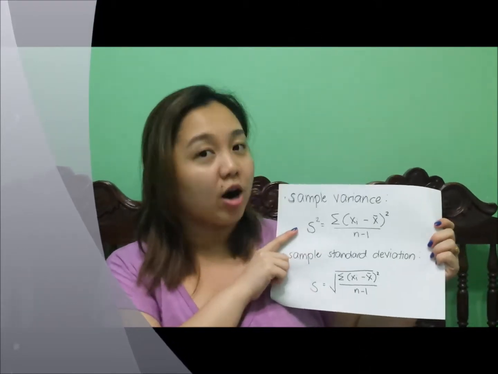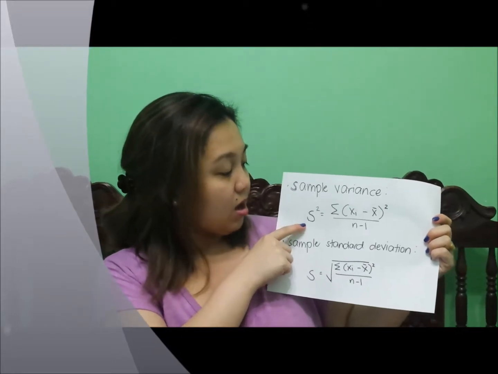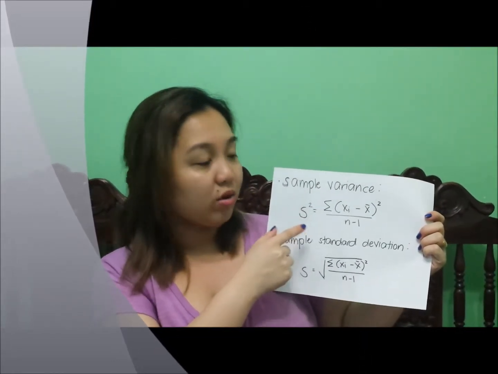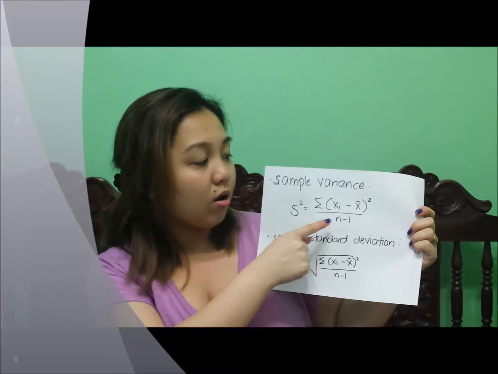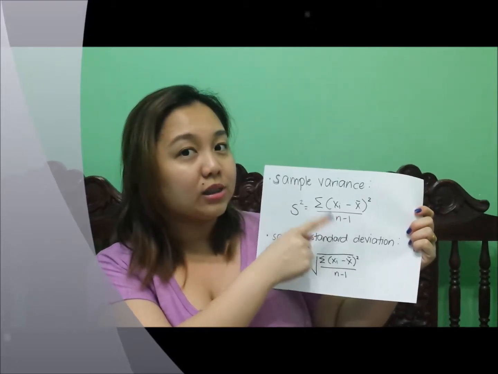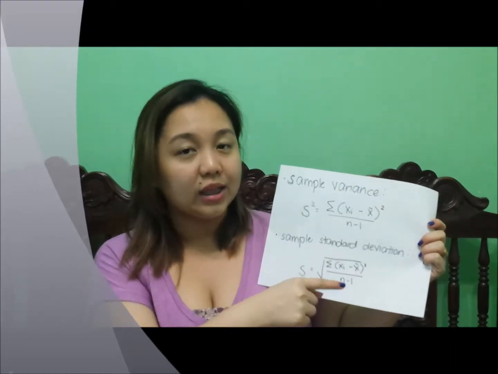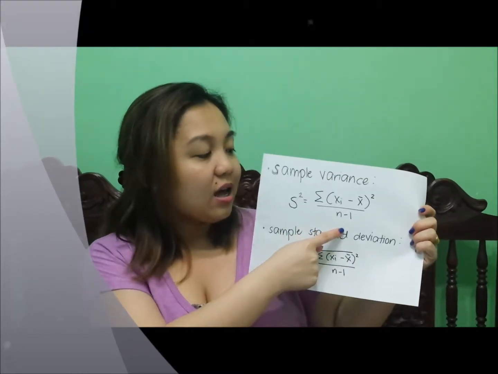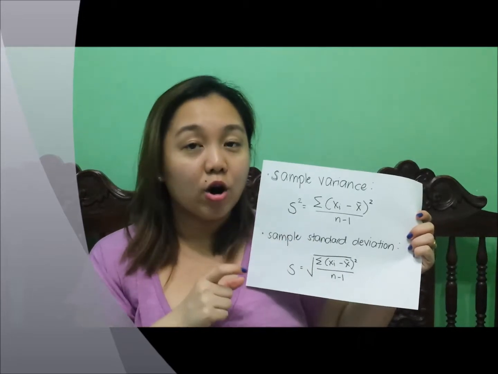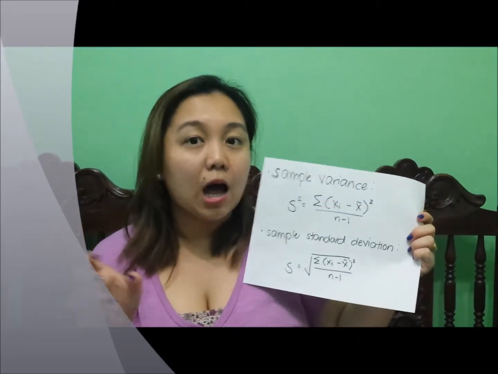For the sample variance, the formula is S squared is equivalent to the summation of xi minus the mean, squared, over n minus 1. As you can see, n stands for the sample.